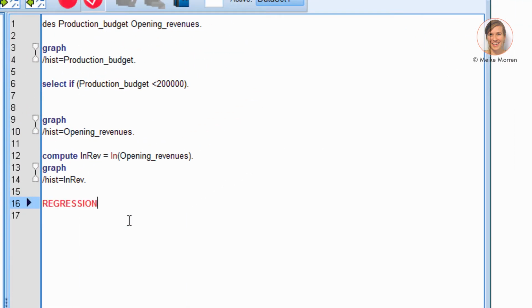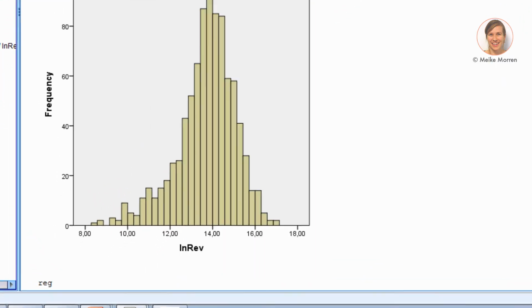So let's run a regression, a simple regression. The dependent variable is log revenue. And we enter the budget variable.